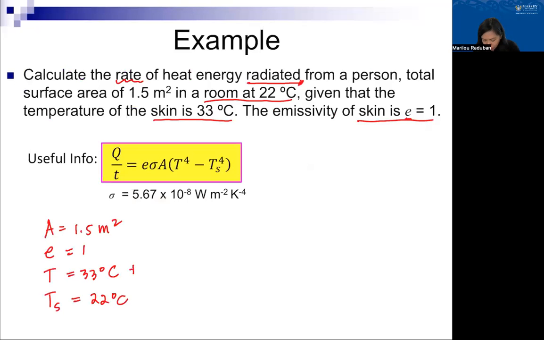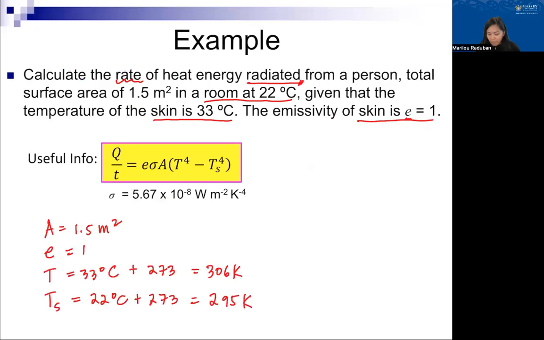So you have to convert your temperatures to Kelvin. You have to add 273 to each of the temperatures: 306 Kelvin and 295 Kelvin.